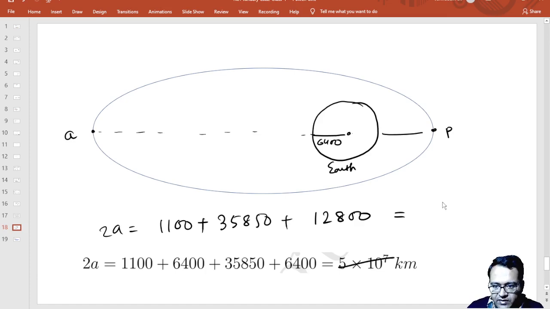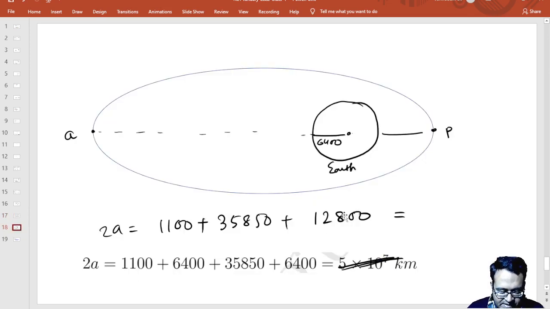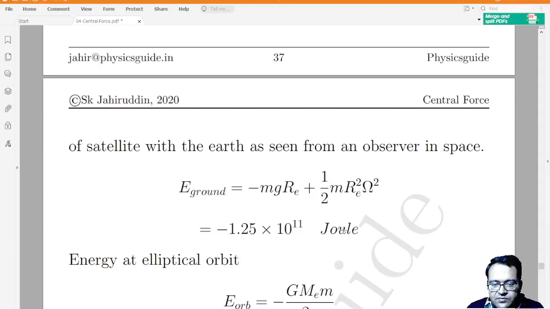This is not 5, so this data might be a problem later, because you need to be exact and precise, otherwise you may get it wrong. 49750 kilometers.